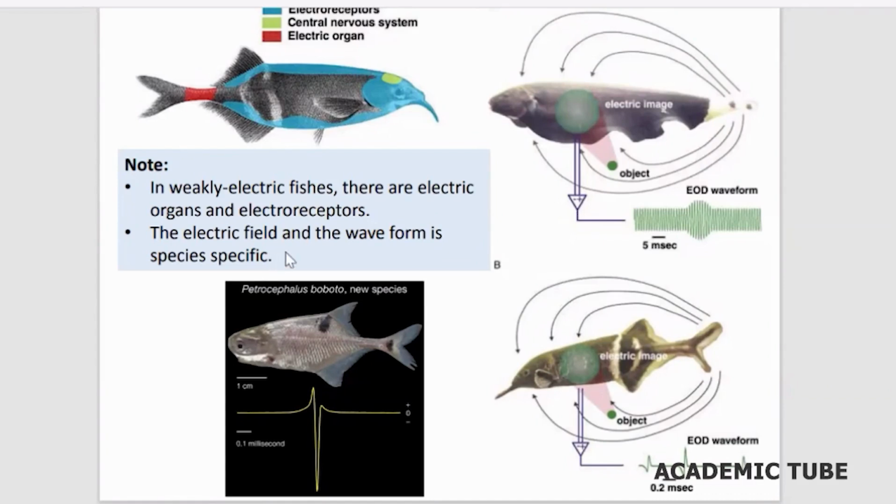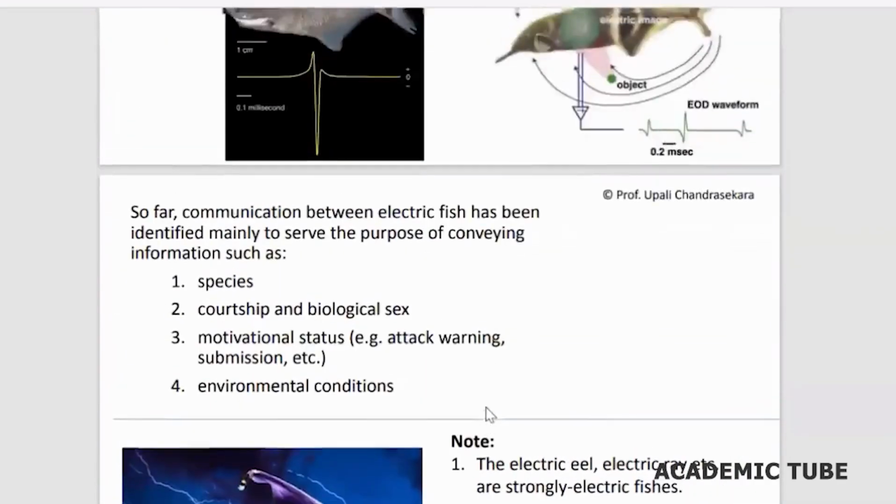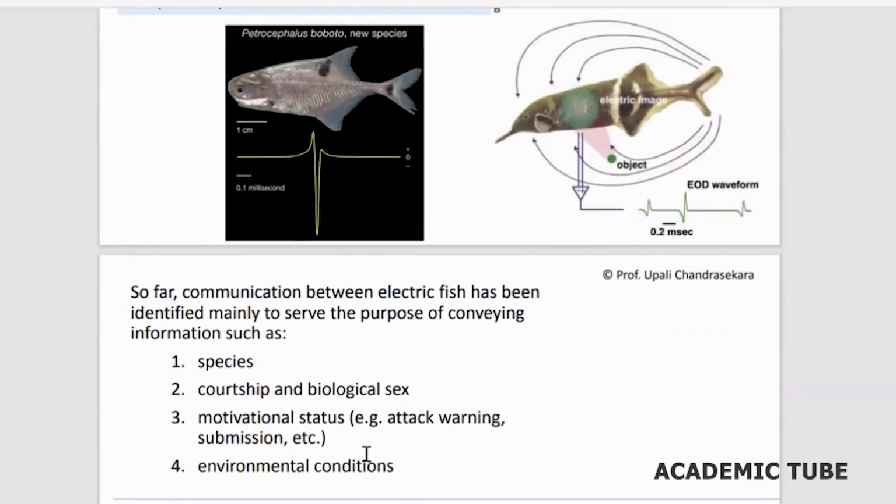The electric field and the waveform is species specific. That is what it is given. Therefore, you will understand the electric field can be used for communication. So this is how they use the electric field for communication.